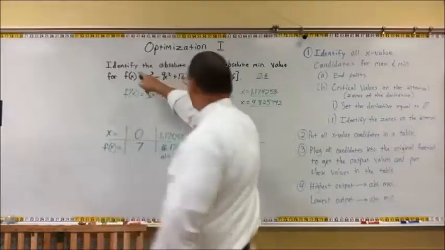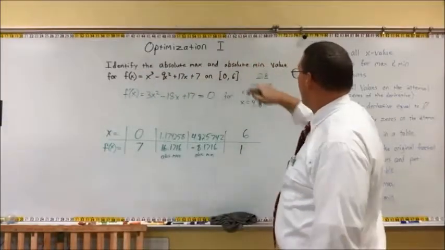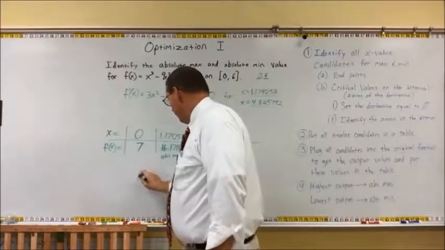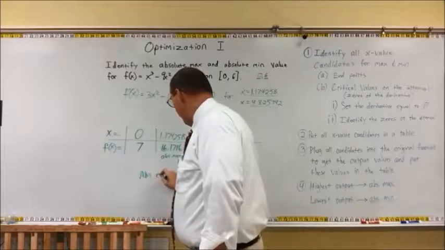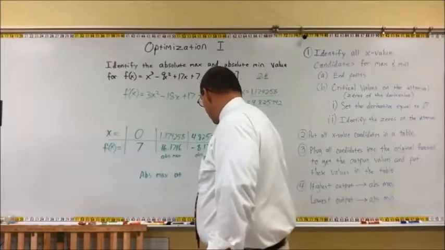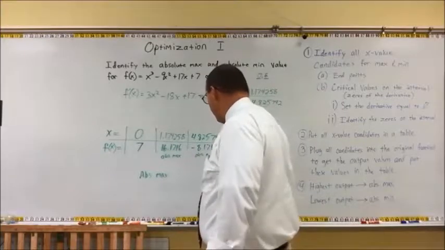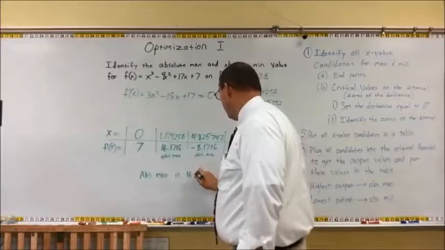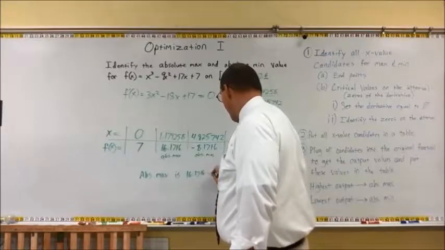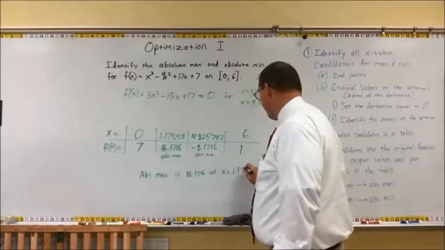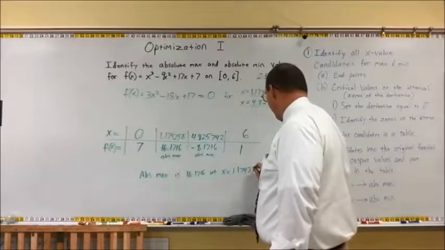And so now to answer the question, identify the absolute maximum and the absolute minimum values. So what I would say is that the absolute maximum is 16.1716 at x equals 1.174258.